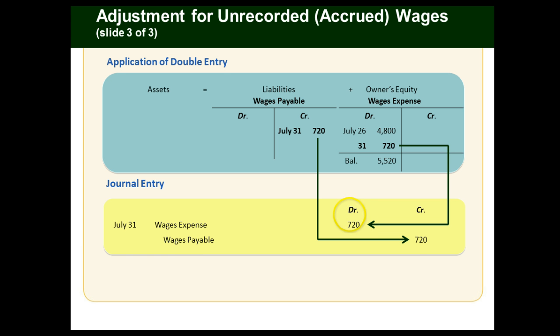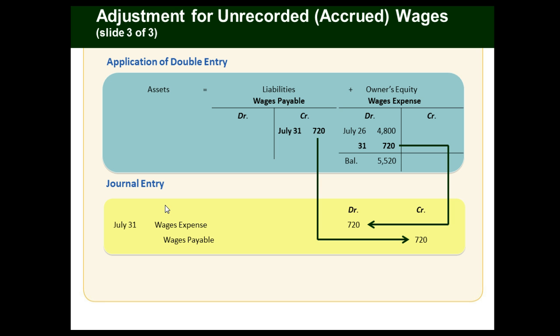And okay, another thing to know: to increase an expense, you will always debit it. Expenses always get debited. To increase an asset, you always debit it, right?